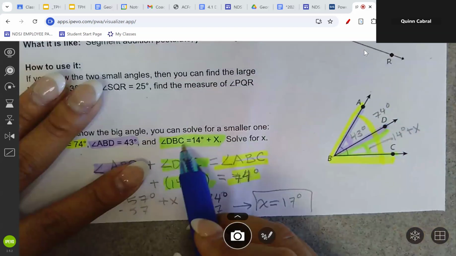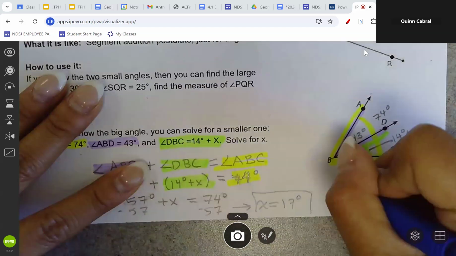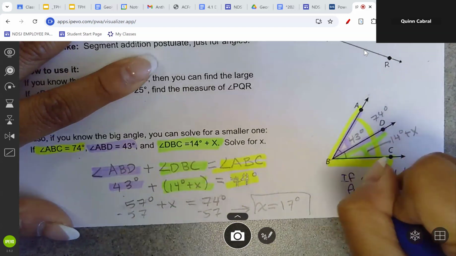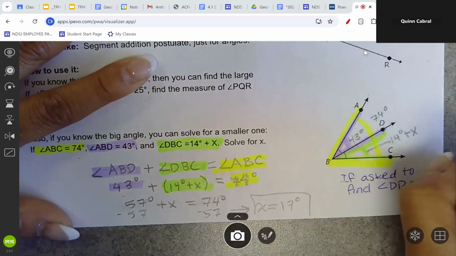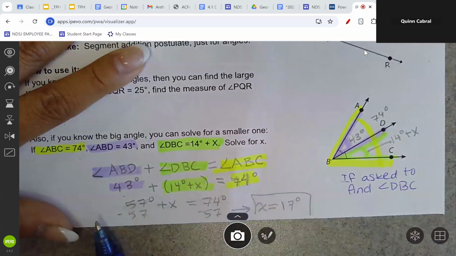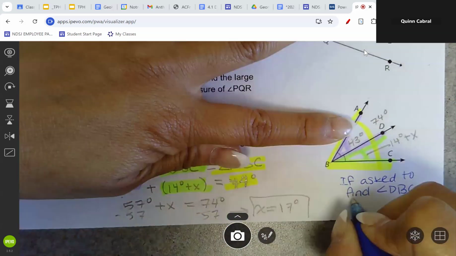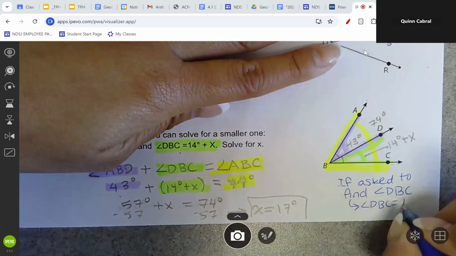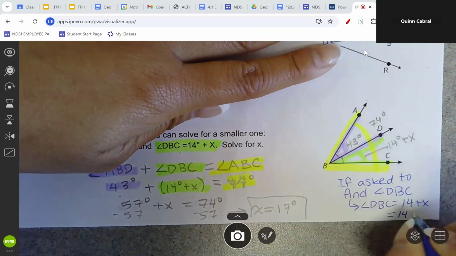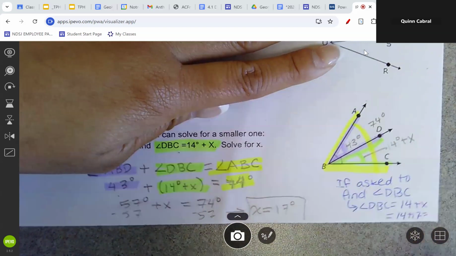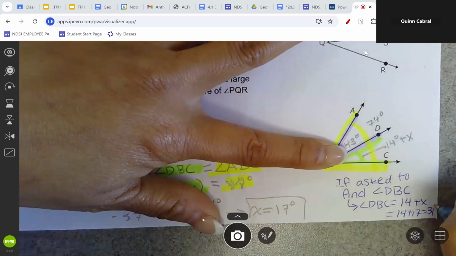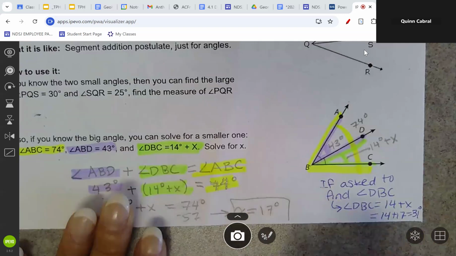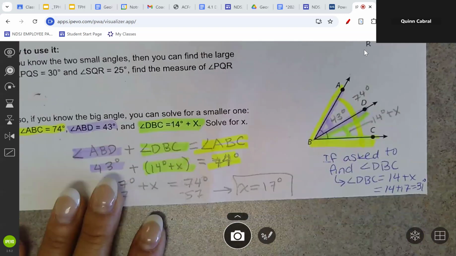So sometimes it'll ask for X, like here, but if asked to find angle DBC, you would do all these steps, but then include the step of angle DBC is equal to 14 plus X. So that would be 14 plus 17, which is equal to 31 degrees. Okay, so just note that sometimes it'll ask for X, sometimes it'll ask for the angle. You just want to be careful on which one's which, and that'll be in the homework.